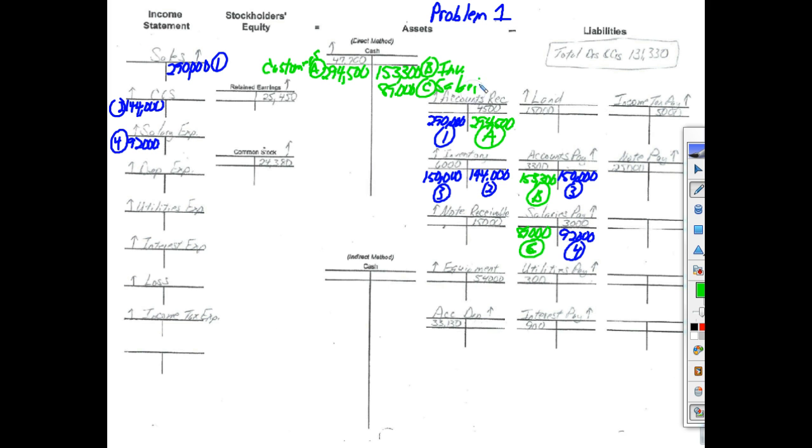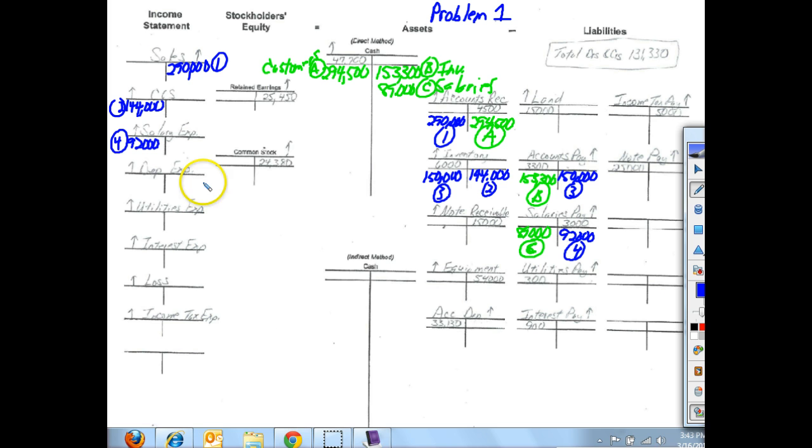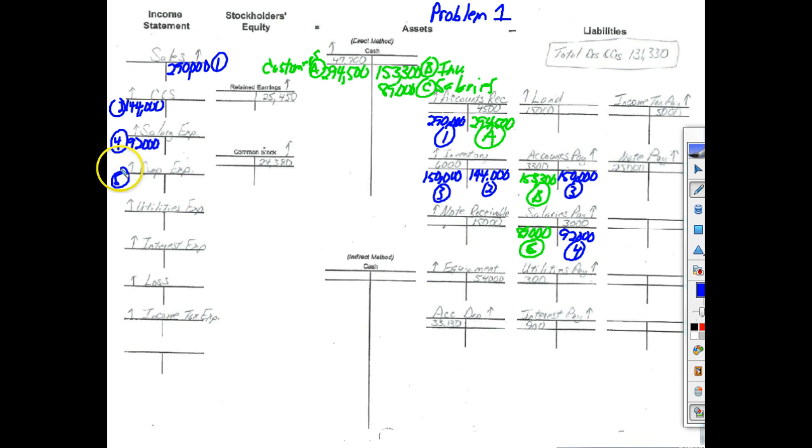Writing a little description, salaries. Depreciation expense was $8,870, and that increases accumulated depreciation, and we're going to stop there for now. We can see there's more to it, but we don't know much more than that at this stage.